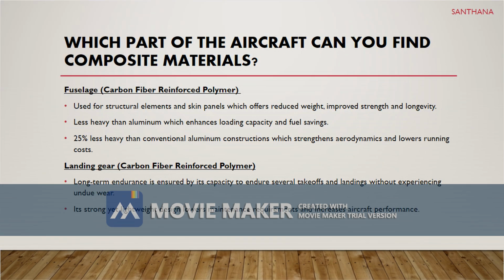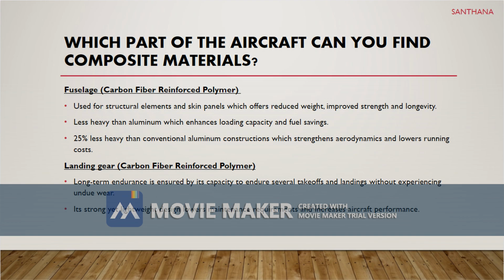Now, where exactly can we find composite materials in an aircraft? Let's take a look. Firstly, we have the fuselage, which often uses carbon fiber reinforced polymer. This material is used for structural elements and skin panels, providing reduced weight, improved strength, and long term durability.